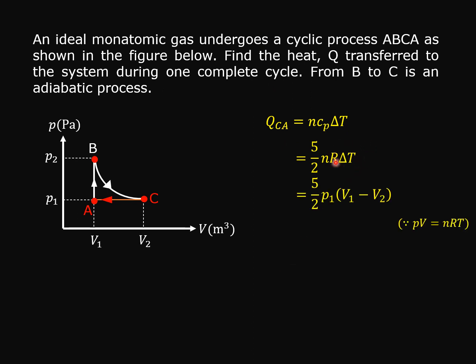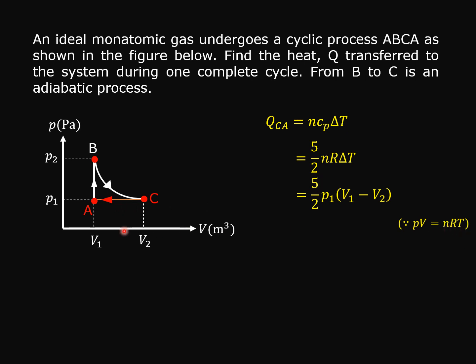Again, since we do not have information about delta T, we use PV equals nRT to substitute nR delta T by P delta V. Now the change of the temperature will cause the volume to change, but P is constant.